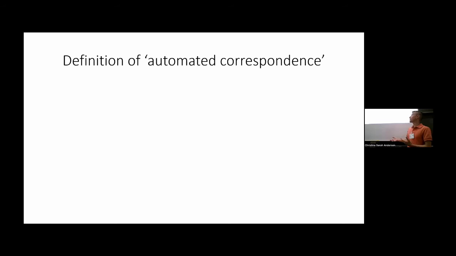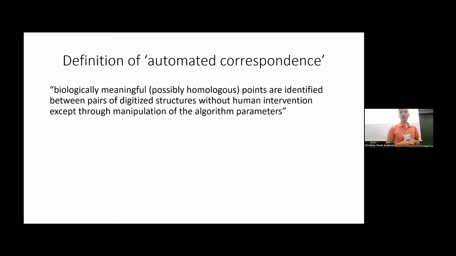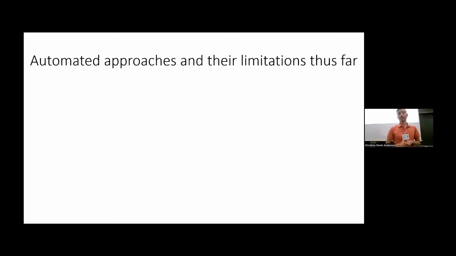So maybe automated correspondence determinations can get around this to some degree. To be clear, what I mean by automated correspondence is that biologically meaningful, in some loosely defined sense, possibly homologous points are identified between pairs of digitized structures without human intervention, except possibly through manipulation of algorithm parameters or model parameters, depending on how we're doing this.